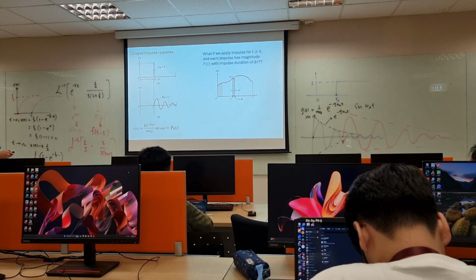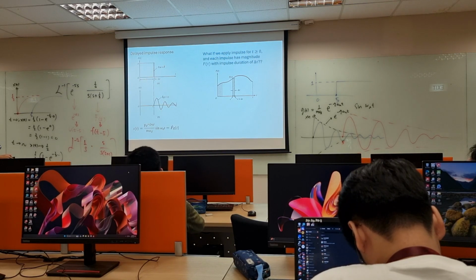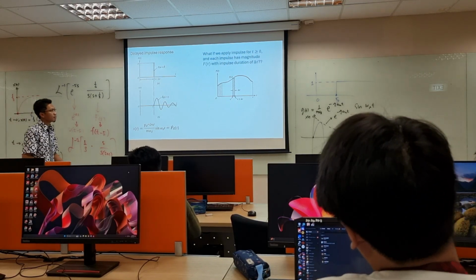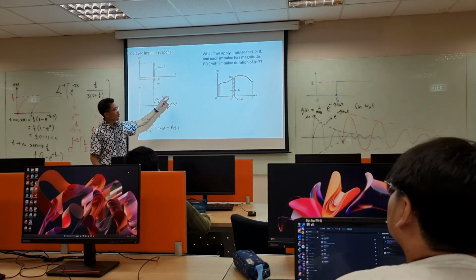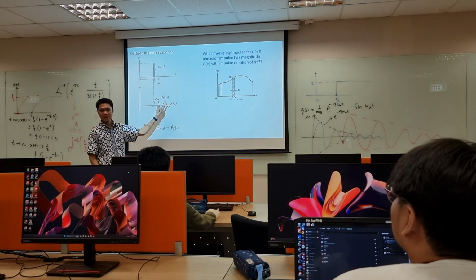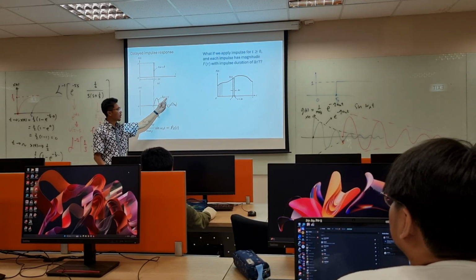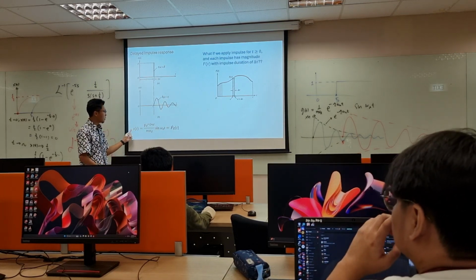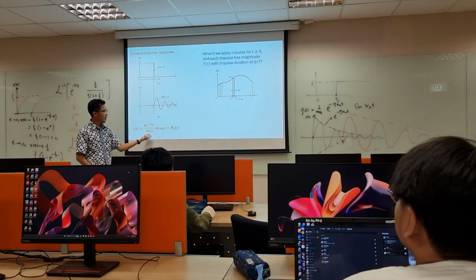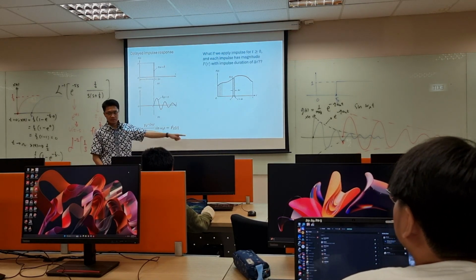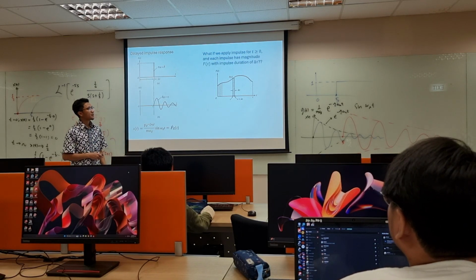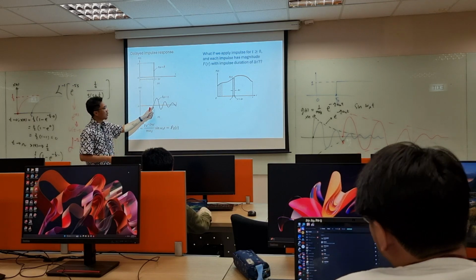So if the delay is tau, this will be the impulse response. When it is delayed, we have to replace the t with t minus the delay. The delay is tau, so it is t minus tau. This is the original impulse response, we replace the t with t minus tau. That's it, when we get the delay. Meanwhile, from 0 to tau is 0.